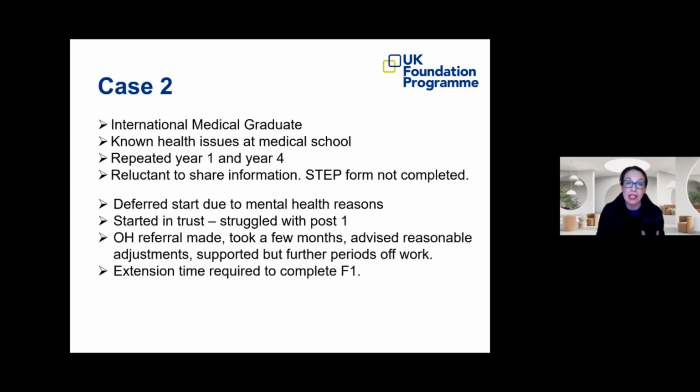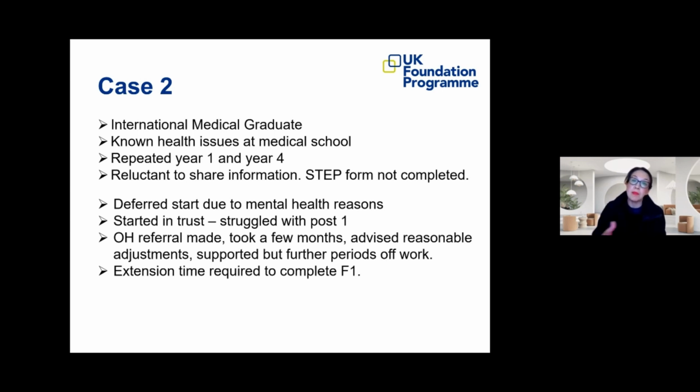This really is about identifying areas that we can help in early, but because of their concerns regarding that, they didn't complete a STEP form. What that did mean is that when they did start in the trust, it's quite noticeable to colleagues and their supervisor that they were struggling relatively early on, but their occupational health referral wasn't made until their second post, which was about December time.